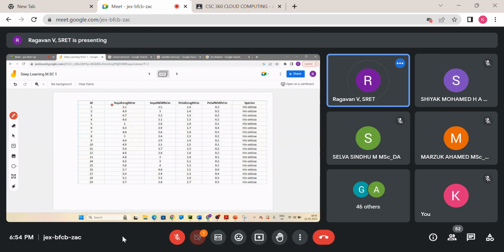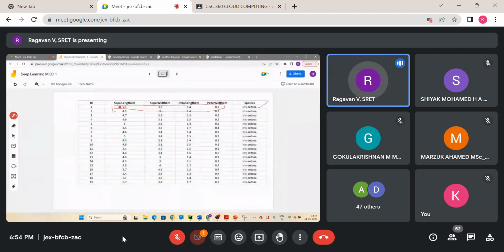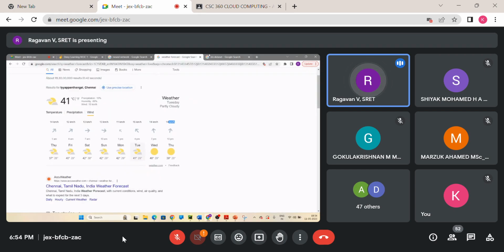Based on these four parameters, I can tell whether this is Setosa or some other class. Versicolor, Virginica, Setosa: three categories. Based on sepal length, sepal width, petal length, petal width, different measurements of the iris flower.